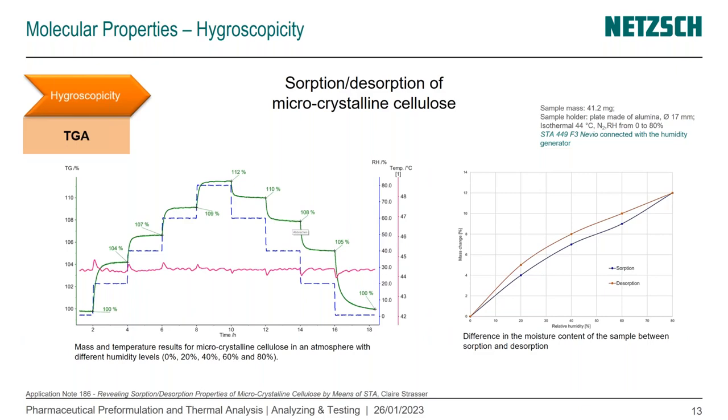The subsequent steps show that the higher the relative humidity, the higher the mass gain, until 80% relative humidity, where we have a gain of 12%. As soon as the humidity level decreases, the absorbed and adsorbed water is released, resulting in a mass loss and coming back at the end to the 100%. So all the water that was absorbed was then released.